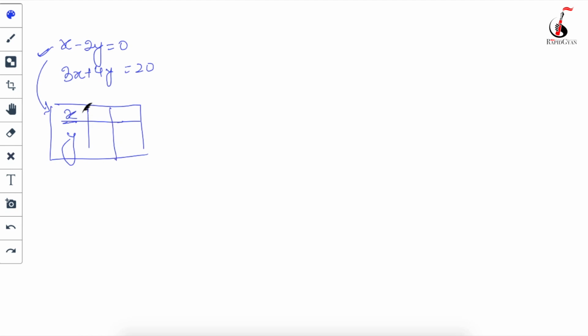In this case, let's assume the value of x as 0. If I replace x with 0, this gives me 0 minus 2y equal to 0, which means y is also equal to 0. Correct? Now y equal to 0 is already found, so I will have to take any other value.